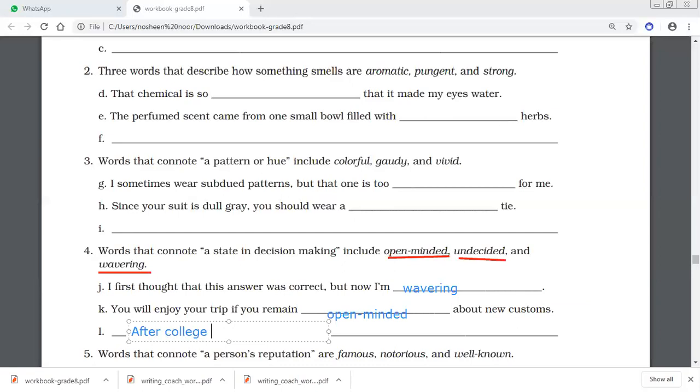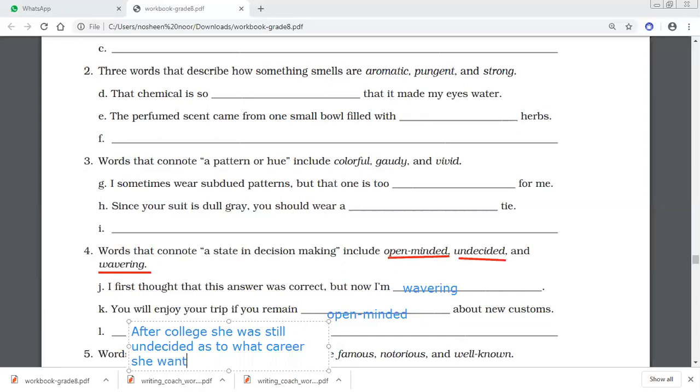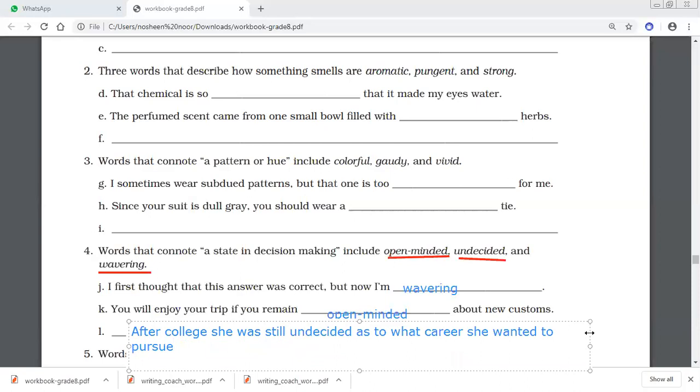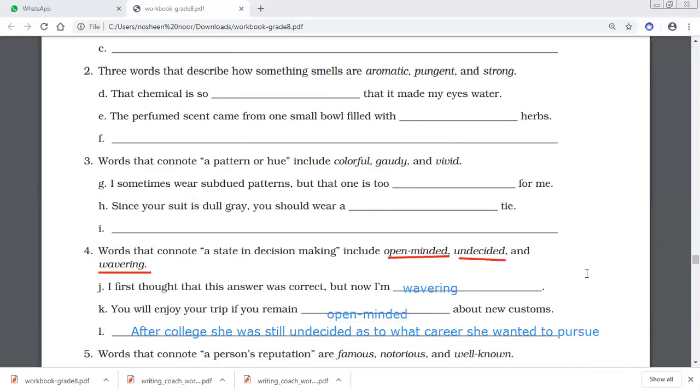After college, she was still undecided as to what career she wanted to pursue. This is the last sentence in number 4.